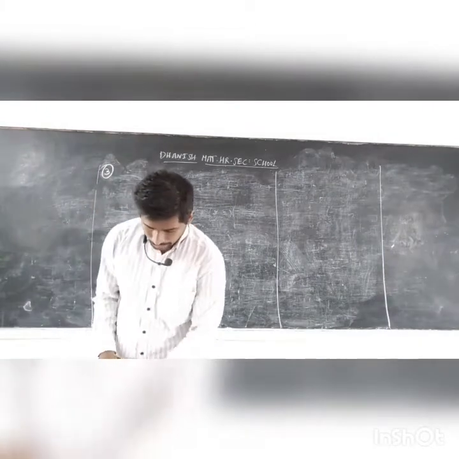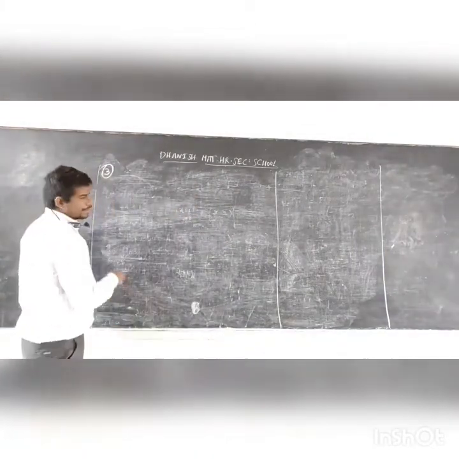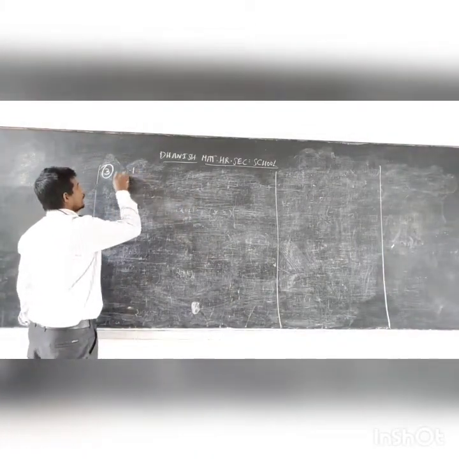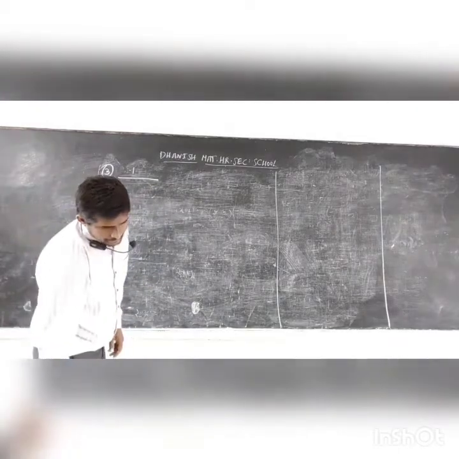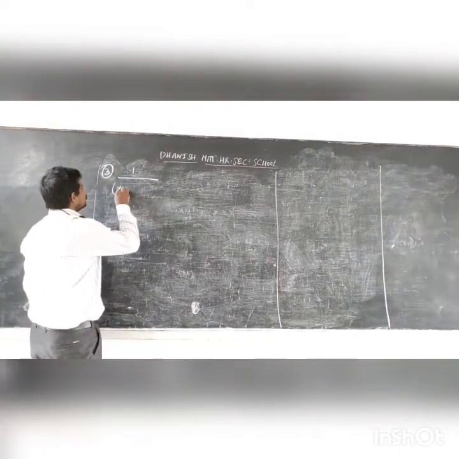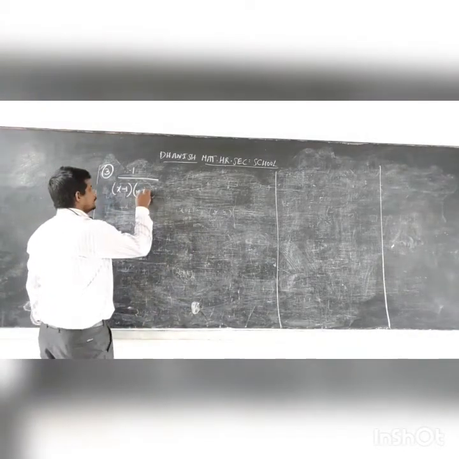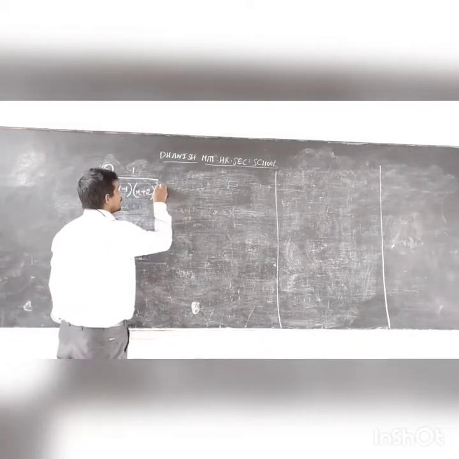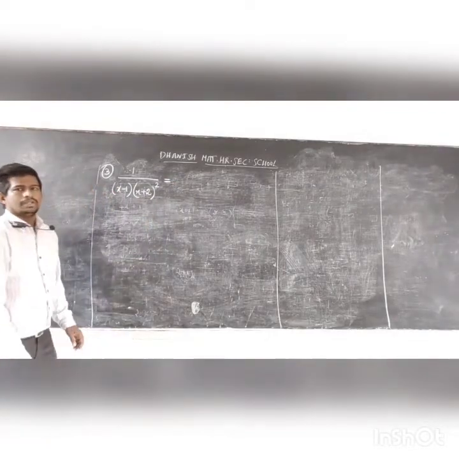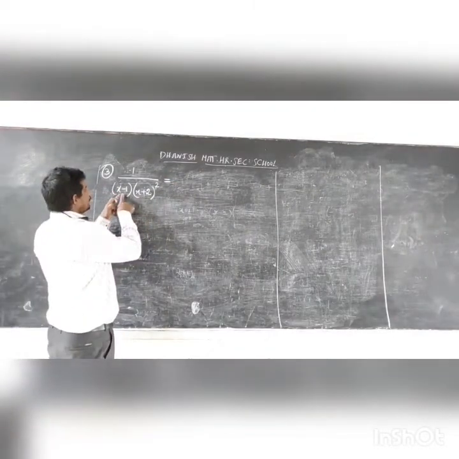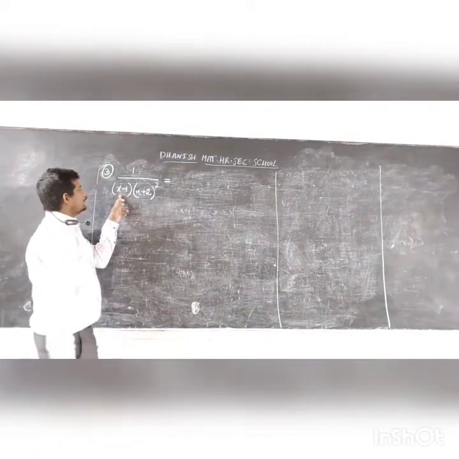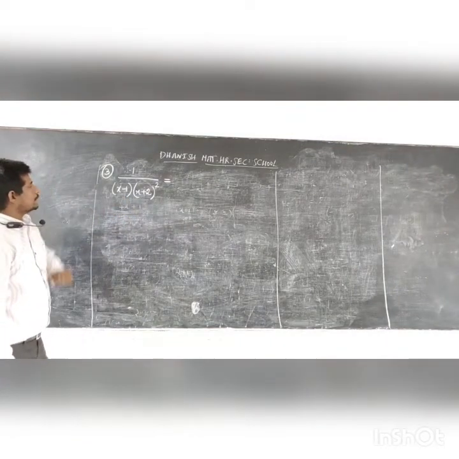Now we are going to do the third. 1 by x minus 1 into x plus 2 whole square. This is equal to. Now look at the first factor. Here we are having x minus 1 as a factor.